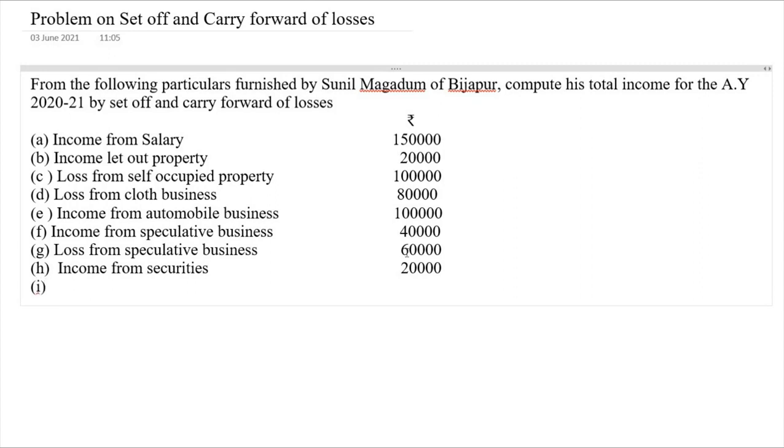Then I, winnings from lotteries in the bracket net, rupees 1,12,000. Long-term capital gain, which amounts to rupees 40,000.